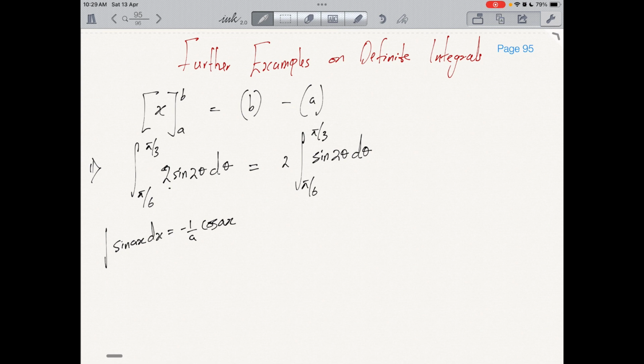Now, this will give us minus 1 over 2 cos 2 theta from pi over 6 to pi over 3.